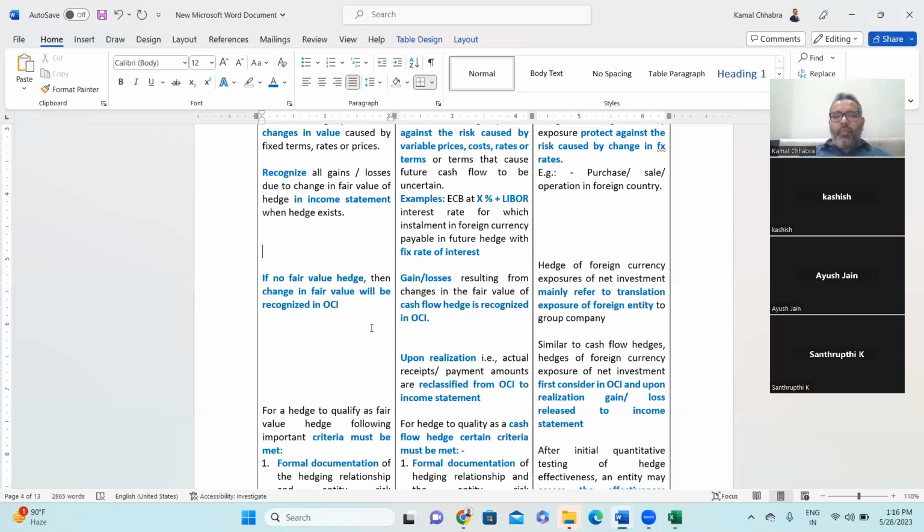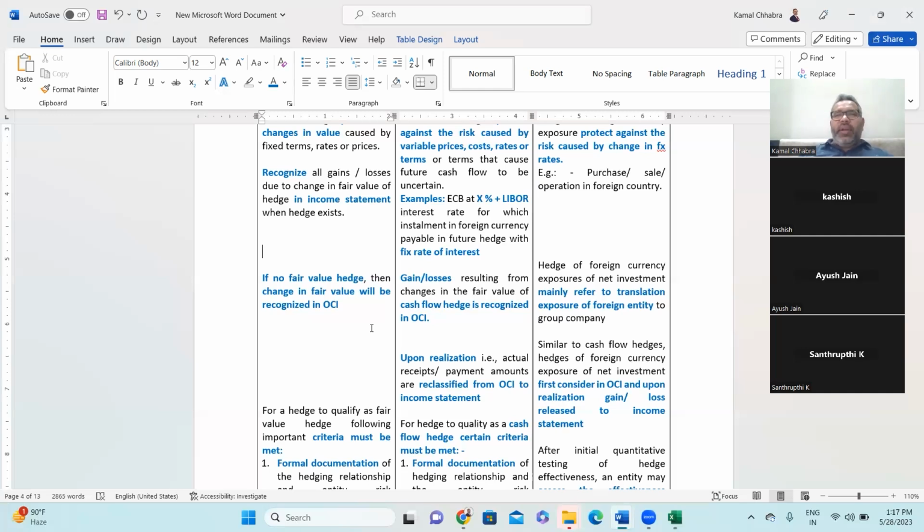But there may be a possibility that someday you'll be losing and someday you'll be gaining. Correct. Right? So the loss or gain resulting from this transaction will pass on to other comprehensive income because you have already made the deal, you have already committed to it.